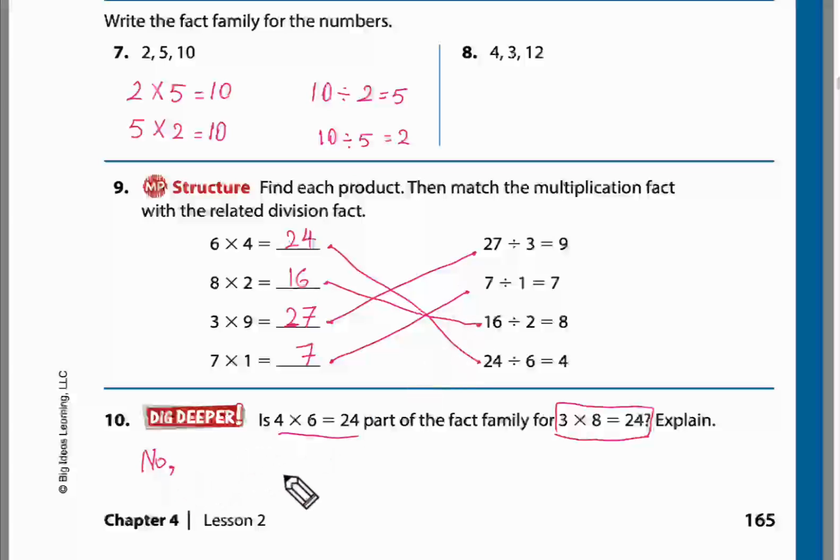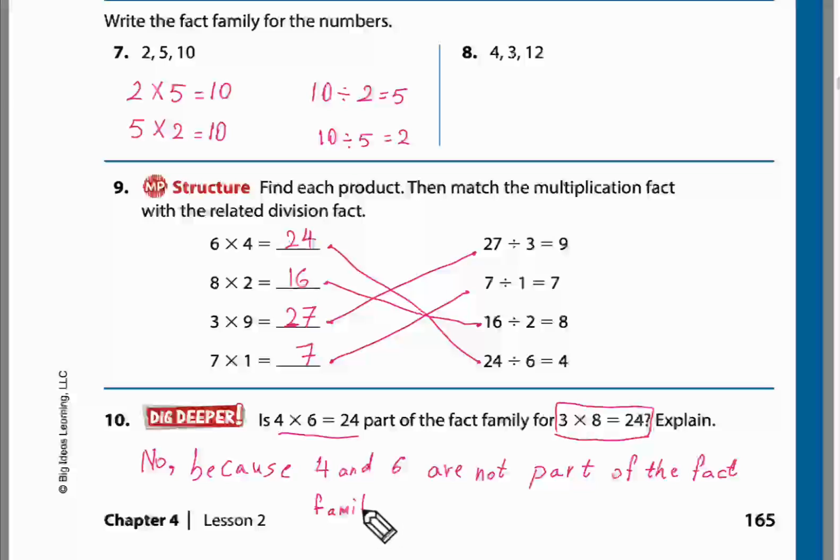So let's write the answer, my heroes. So the numbers. Okay, let's write because 4 and 6 are not part of the fact family of 3, 8, and 24.